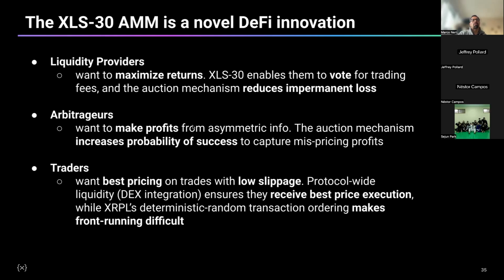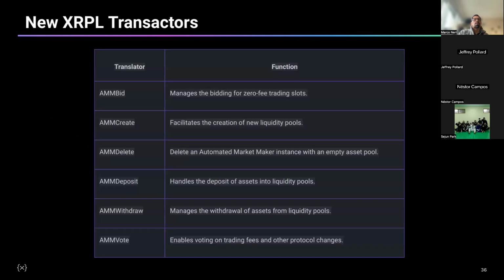And then there are the traders, who just want to exchange token A for token B with as low slippage as possible.